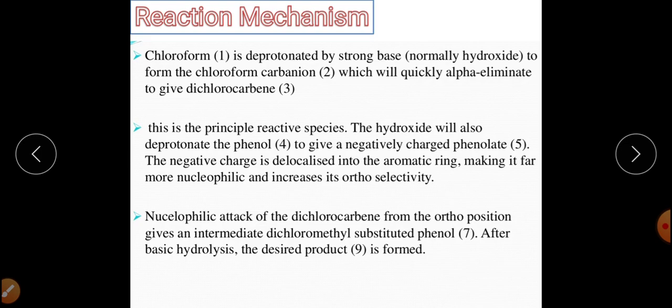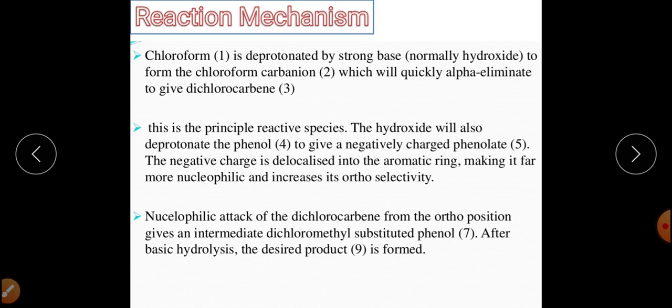So the mechanism of the reaction will start with the formation of dichlorocarbene and the attack of dichlorocarbene on the phenoxide ion, because the reaction is taking place in the presence of base.